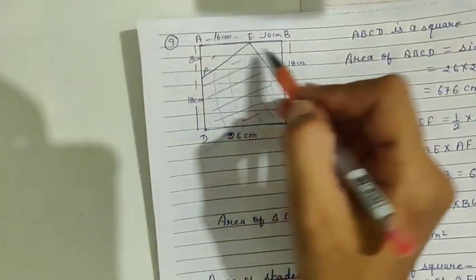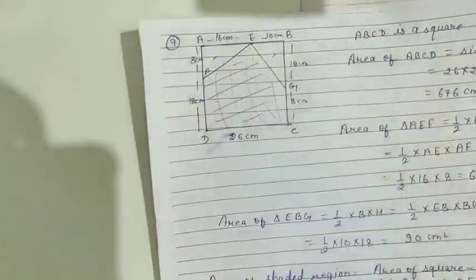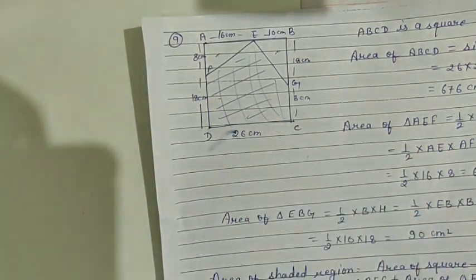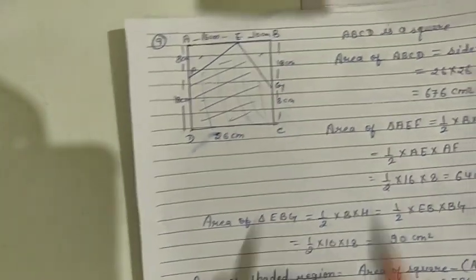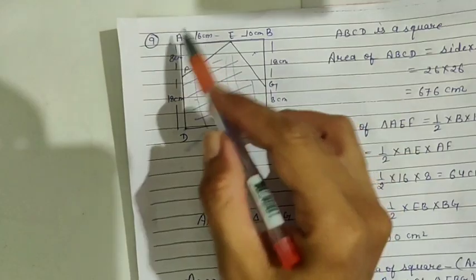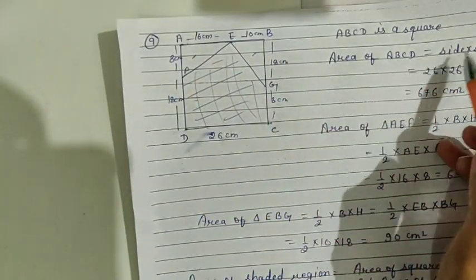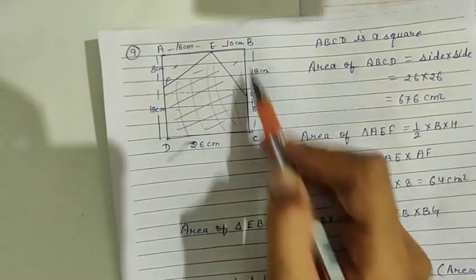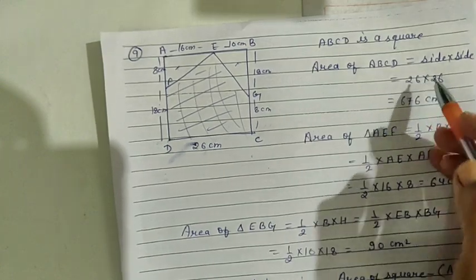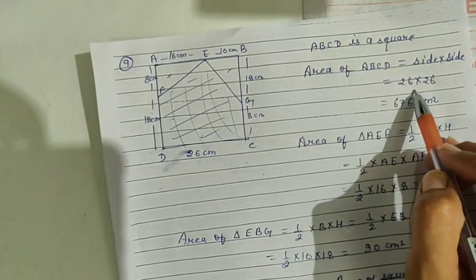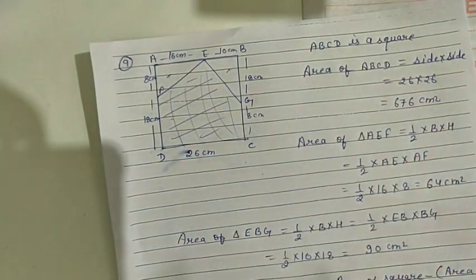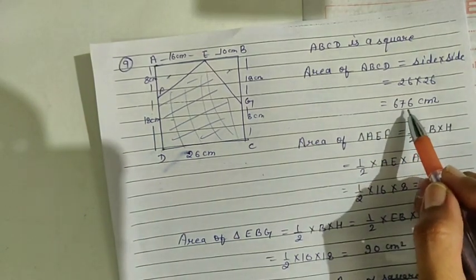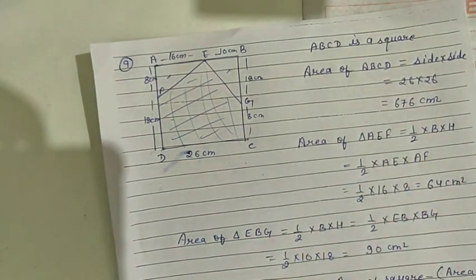When we subtract these two areas from the area of this square, then we can get the area of this shaded region. So area of ABCD is equal to side into side, and side is 26 centimeter. So area of ABCD is equal to 26 into 26, and that is equal to 676 centimeter square.